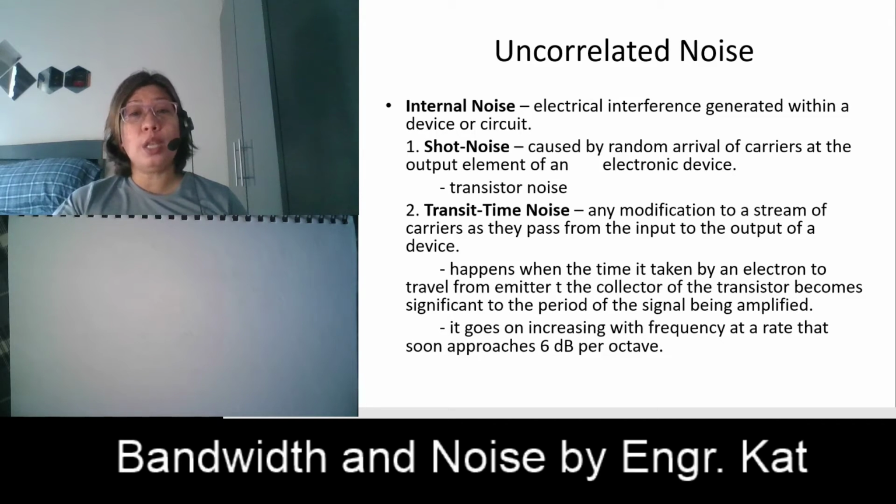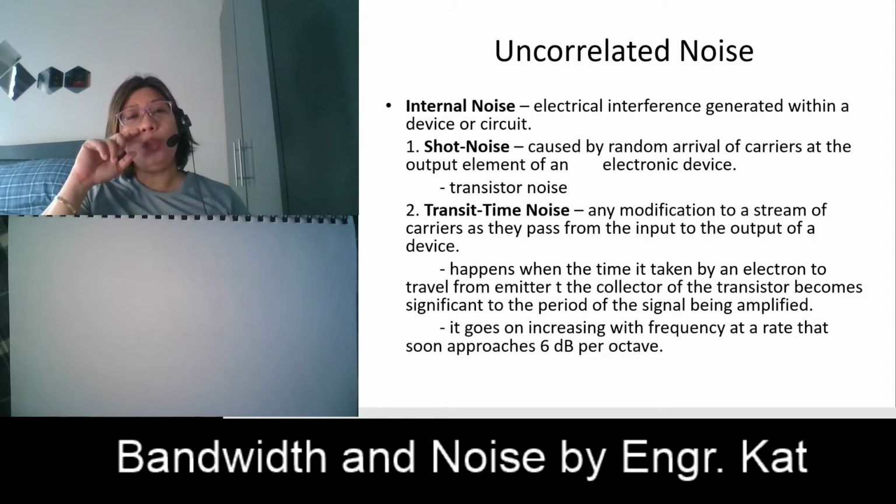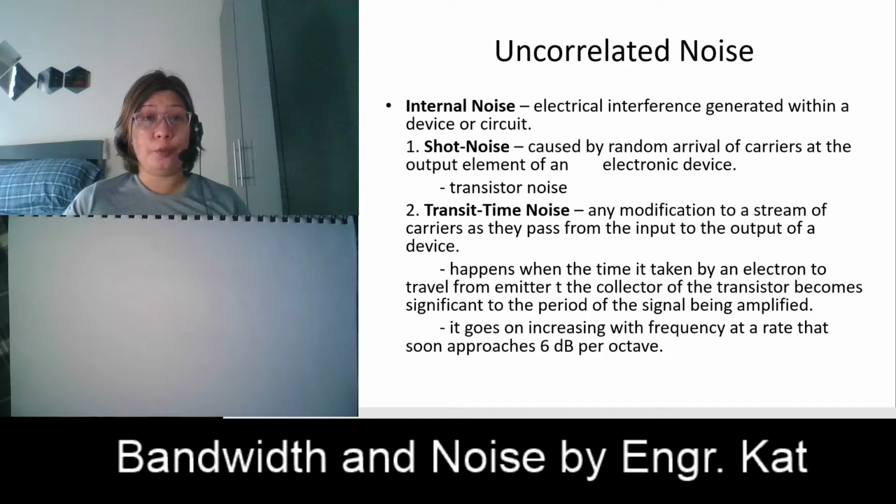It goes on increasing with frequency at a rate that soon approaches 6 dB per octave. When you double your frequency, just like our example earlier, when the power is 1, it became 2, it became 4, it became 8. When you double your frequency, we call that an octave.